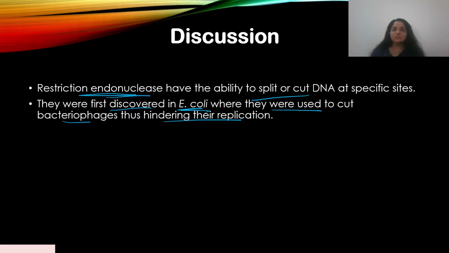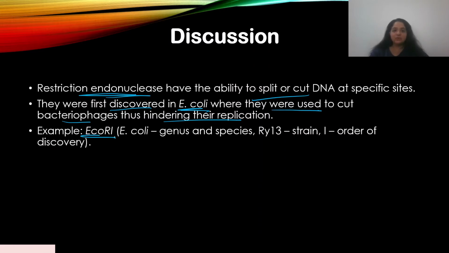Once this was discovered, they realized that these restriction enzymes cut at specific locations on the DNA fragment. They isolated those restriction enzymes from the bacteria, and then they were used to cut the DNA at those specific sites.